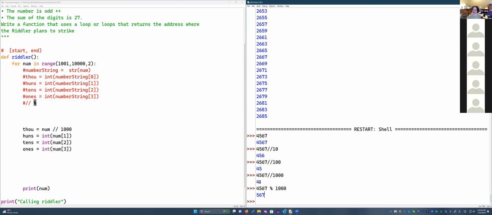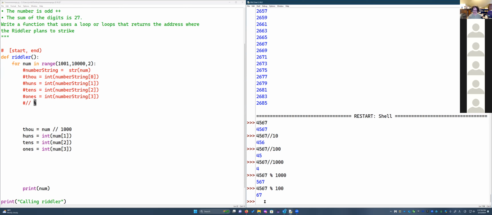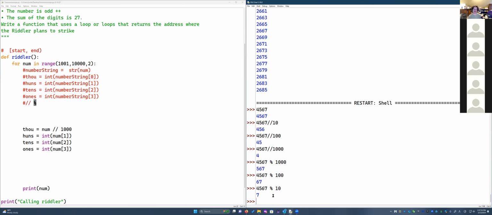It gives us the remainder. 4 remainder 5, 6, 7. So let's do 4, 5, 6, 7 mod 100. Instead of throwing away the last 2 digits, it gave us the last 2 digits. See that, everybody? So 4, 5, 6, 7 mod 10 gives us the last digit.